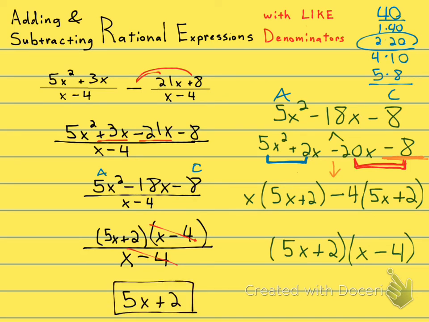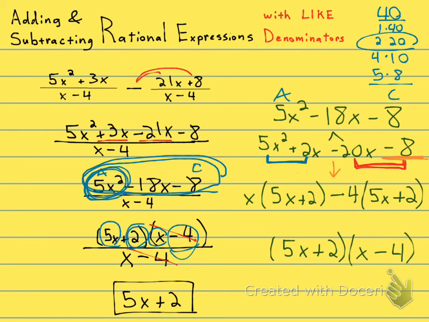Now, let me remind you, if you're not good at AC factoring, you can always go back, watch the videos on AC factoring, or you can use trial and error. Trial and error is going to say, what two things multiply to give me 5x squared, which is 5x and x, what two things multiply to give me this minus 8, and then you have to FOIL it out to make sure that you get the middle term correctly.